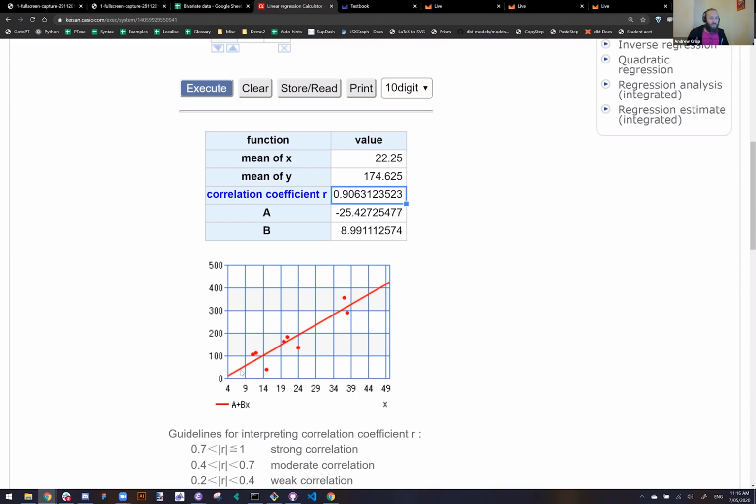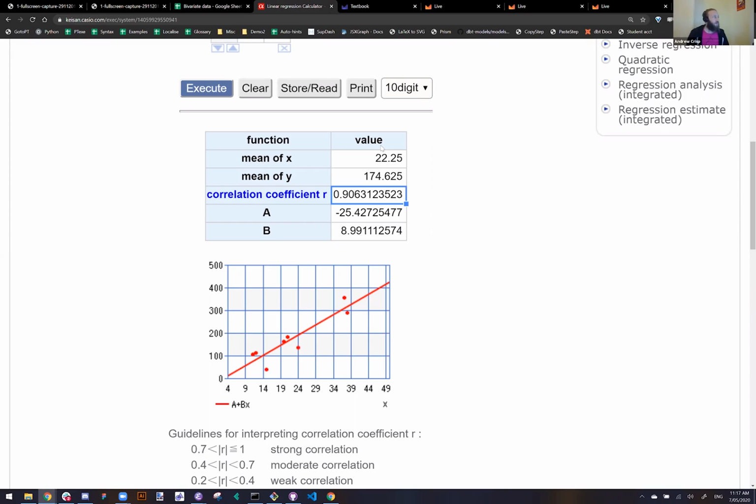If all the points lie on a straight line, so you draw the line of best fit and it goes through all the points exactly, the correlation coefficient is exactly 1. But here, the correlation coefficient is 0.9.